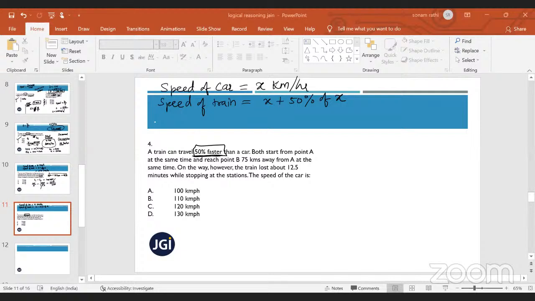Speed of train will be 1.5x, right? 1.5x. Okay.